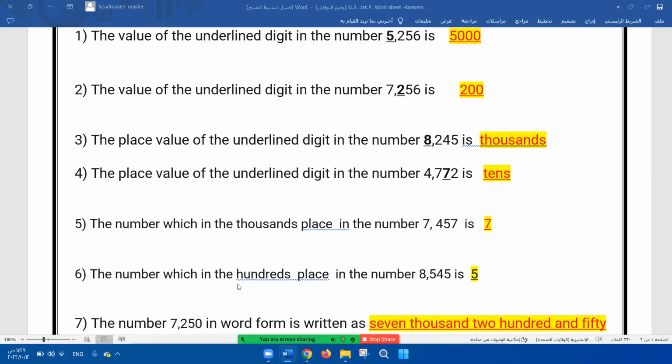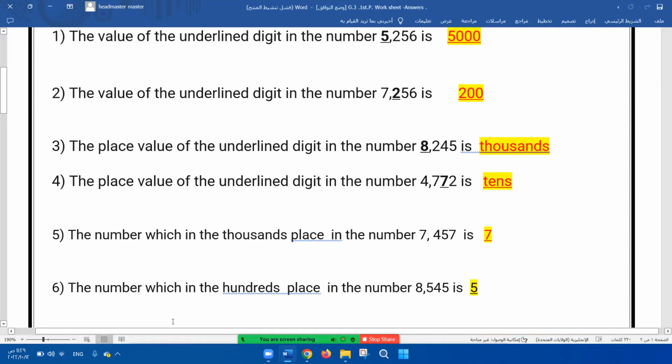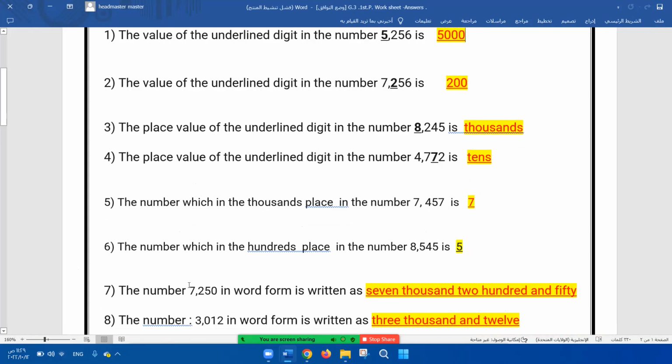Question 7 again. The number 7250 in word form is written as, yes, in thousands you can find 7, so we read it as seven thousand two hundred fifty. Okay, this we call word form. And this also, which is the number written in the beginning, we call it standard form.